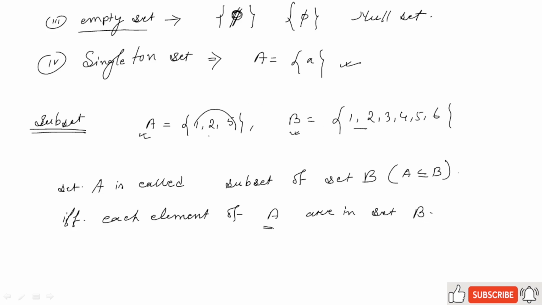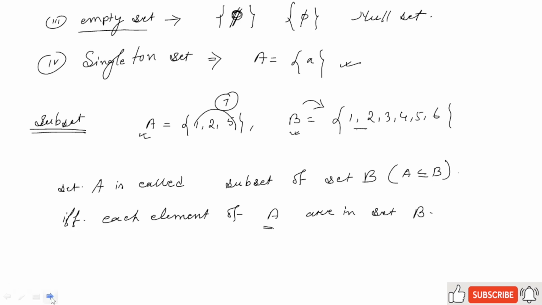Let us take an example. Suppose 7 is included in set A, then A is not a subset of B, because the element 7 is not present in set B. Hope you have understood easily.